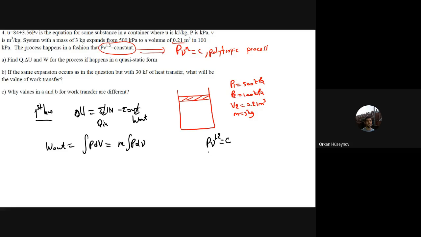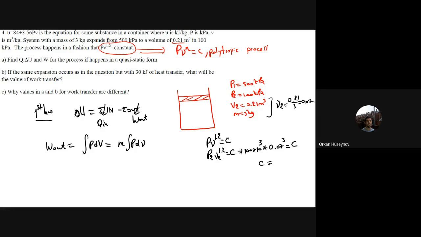If P2 nu2 to 1.2 is constant, P2 is 100 kilopascal times 10 to the power of 3, multiplied with nu2, which is V2 by m, so 0.21 divided by 3, it will be 0.07. And this is multiplied with 0.07 to the power of 1.2, it will be the constant.